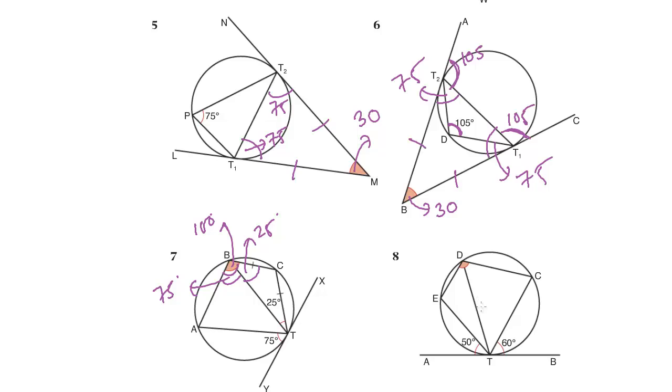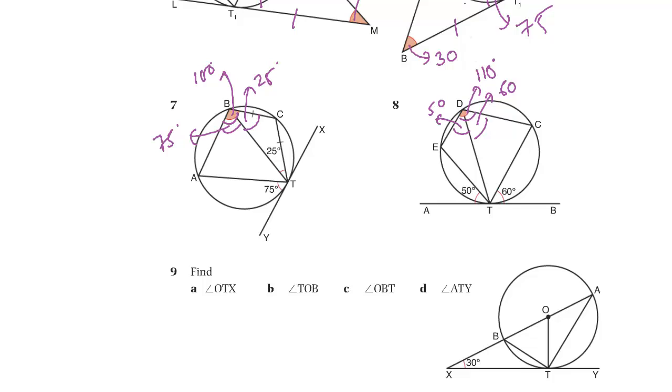The next one we have here is ET and the AB tangent make this angle by the alternate segment theorem. So this is 50. Again, this is 60 by the alternate segment theorem. This should also be 60. Together they make 110 degrees.